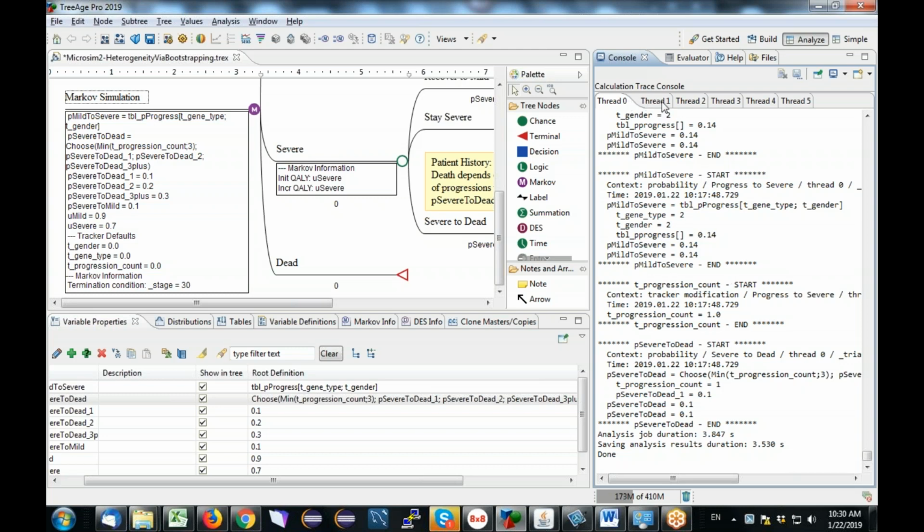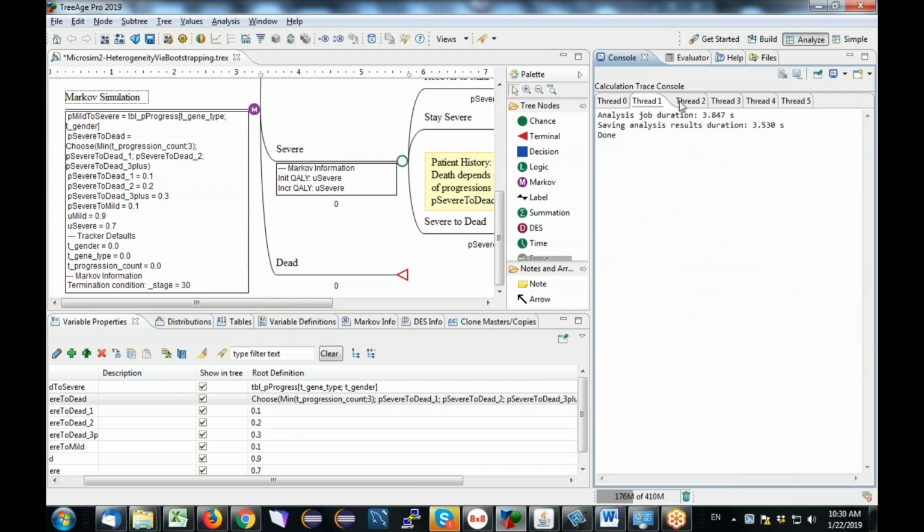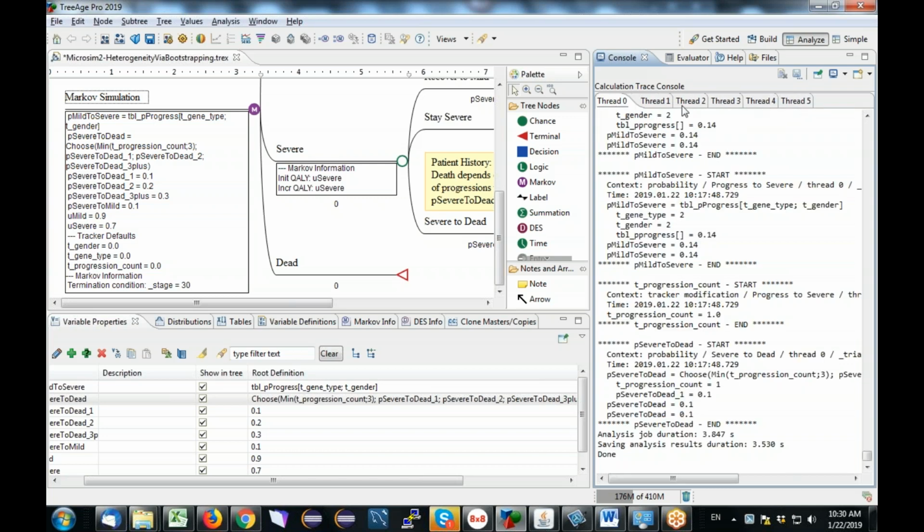So I have six processors, thread 1 through 5. I'm only using thread 0. That's why these are all blank for this example. But if I had a big analysis, I'd use them all, and I'd want to be able to see patients used on the first processor separate from those on the second processor, so that the output isn't garbled. And that's what that's about. Is there another question?